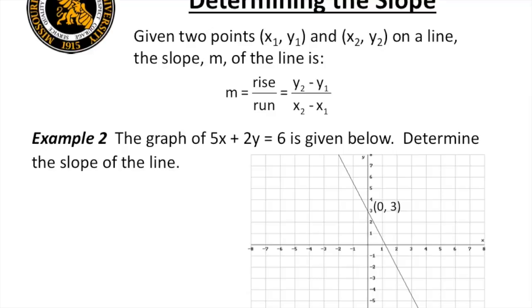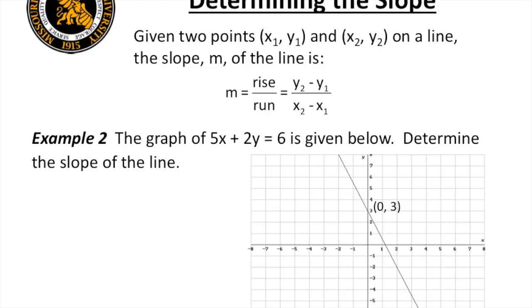If you can identify 2 points on your line, preferably integer-valued points, you can easily determine the slope by looking at the vertical and horizontal movement necessary to get from one point to the other.